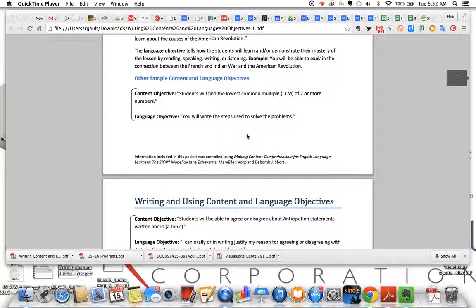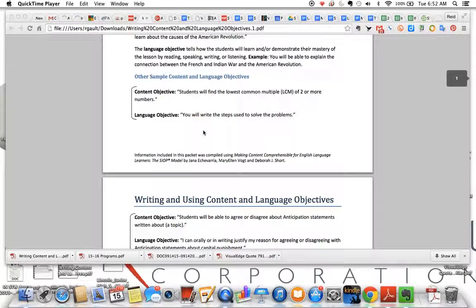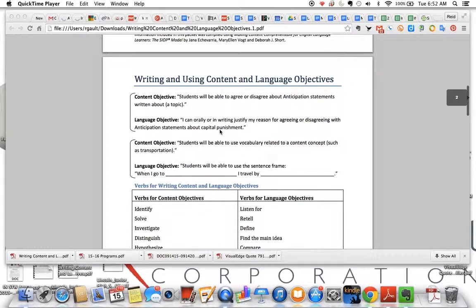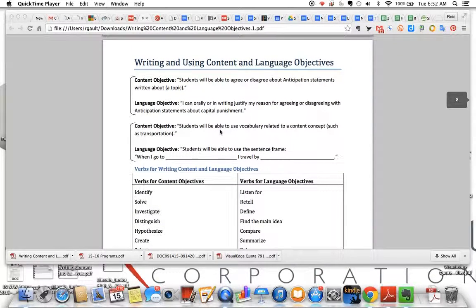So let's look at some examples that this document has given us. Students will find the lowest common multiple of two or more numbers. That is the content, what the students will be learning. Language objective: you will write the steps to use to solve the problems. That is how, and you see the word write. Continuing on, students will be able to agree or disagree about anticipation statements.